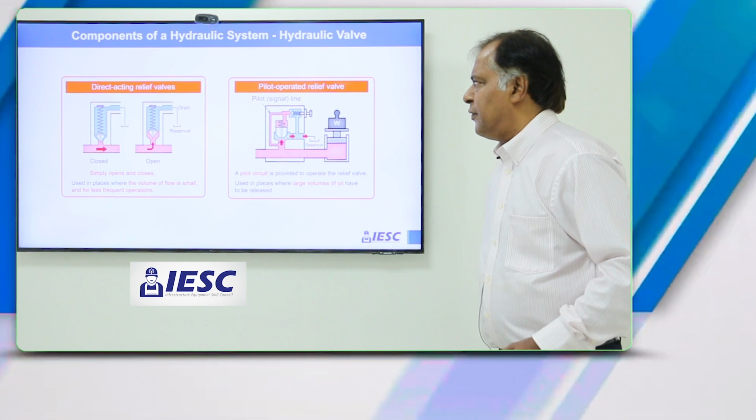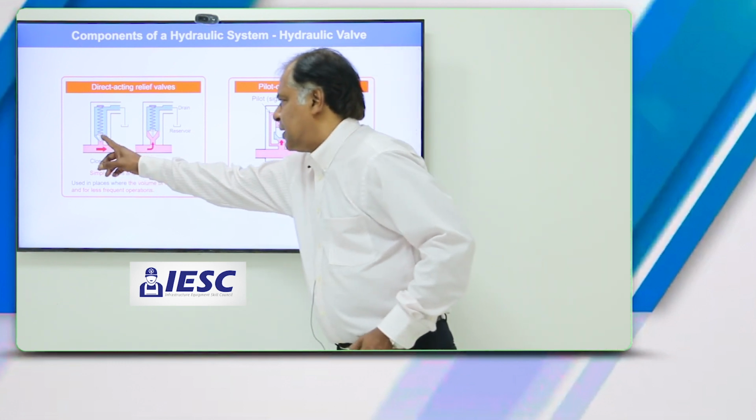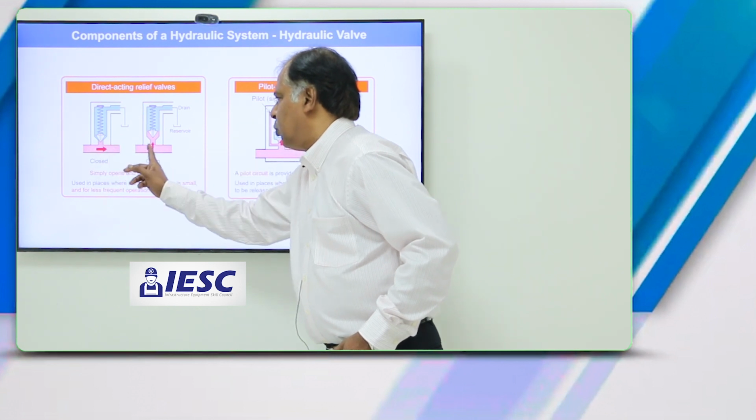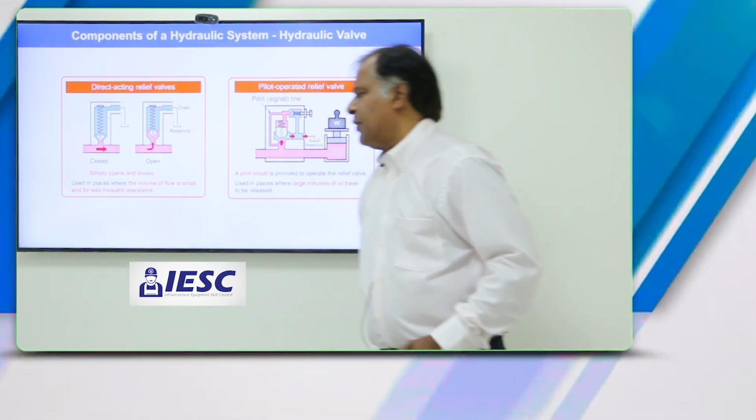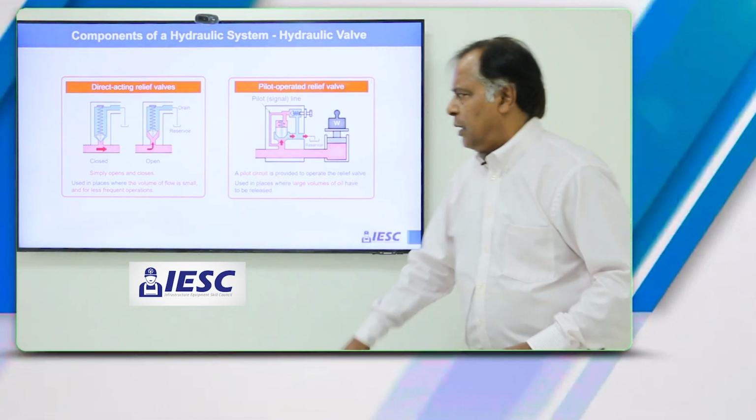There are two types again of relief valves. One which is direct acting. As you can see, there is a poppet setting again, and at a certain pressure it opens up, and it's used in places where the volume of flow is small and for less frequent operations.